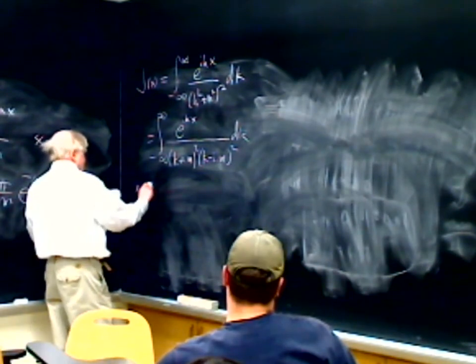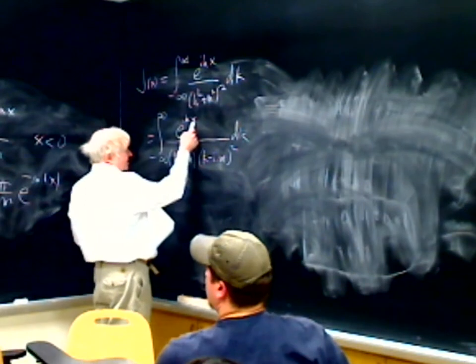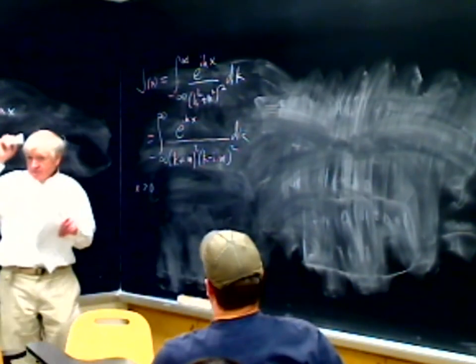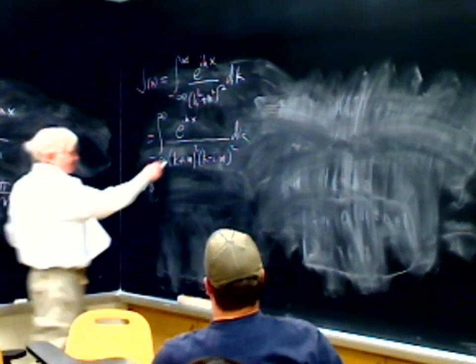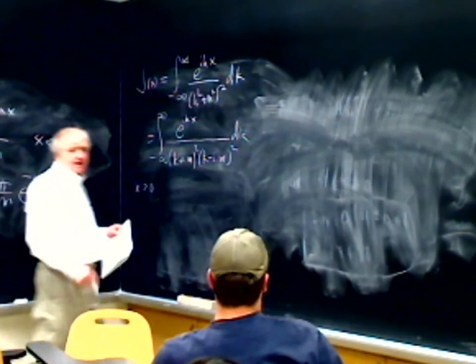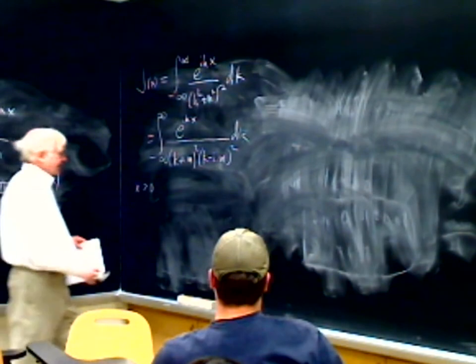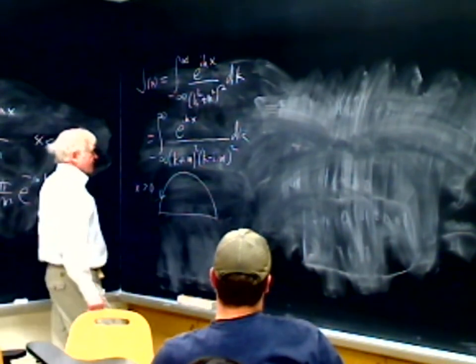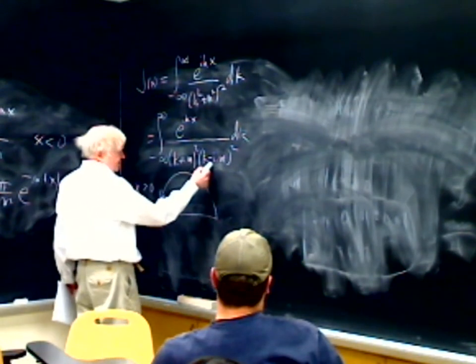For x greater than 0, we're going to have damping in the upper half plane. Because we have 4 powers of k in the denominator, we can add a ghost contour, so we're doing this as our contour. Now the singularity is due to this.